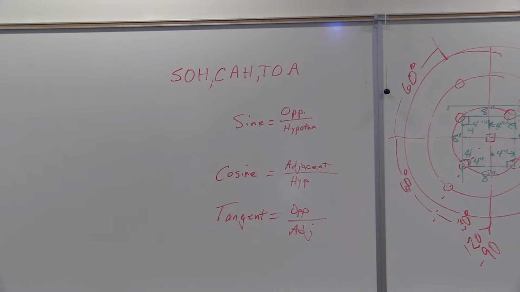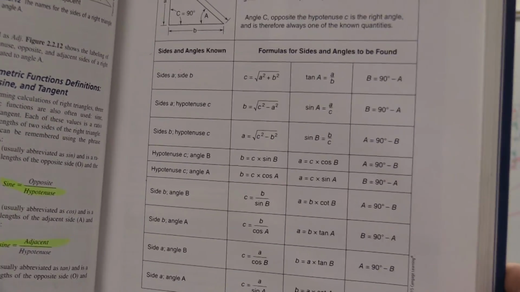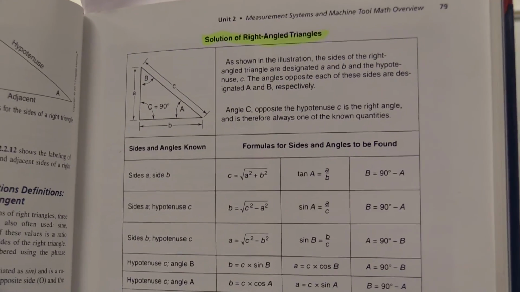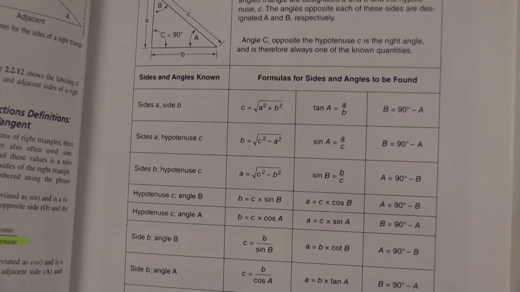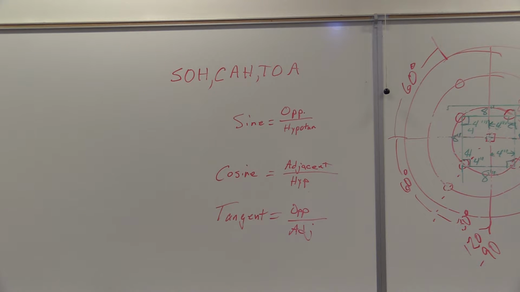So as we break these down, let's walk through a couple examples real quick, straight out of the book. First things first, as you're going through this, especially for the beginning blueprint course, I will probably be giving you this table. Solution of right angle triangles, side and angles known, the formulas to go along with it. Okay? That's on page 79.